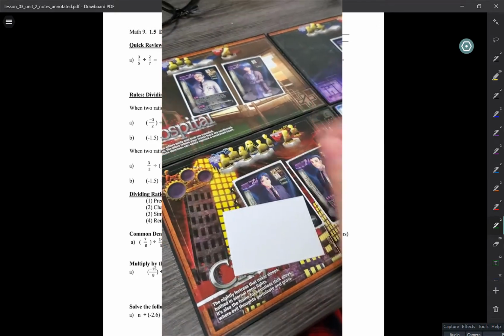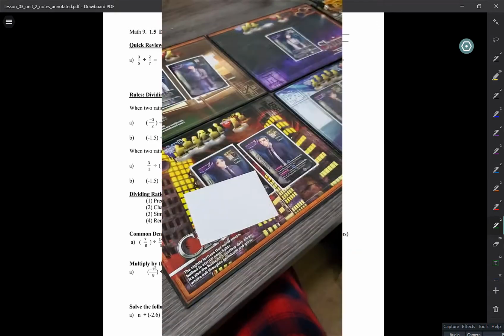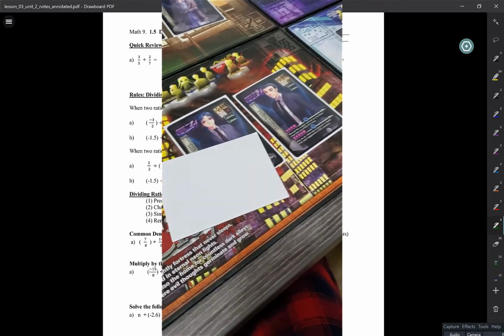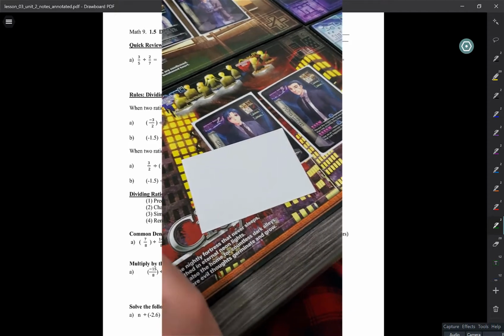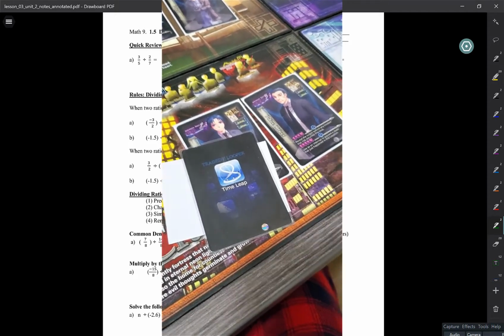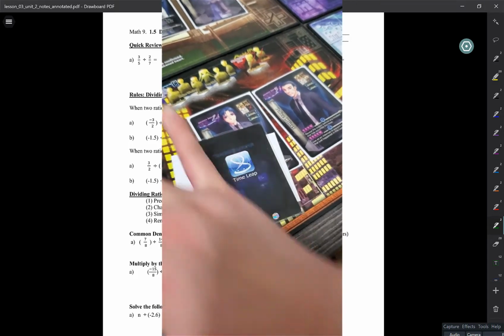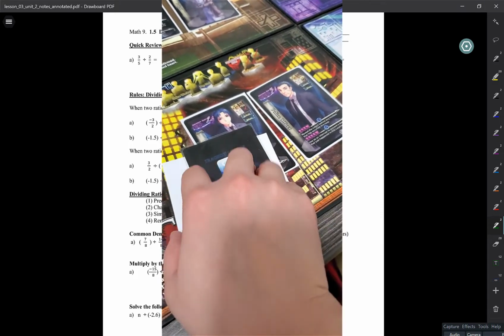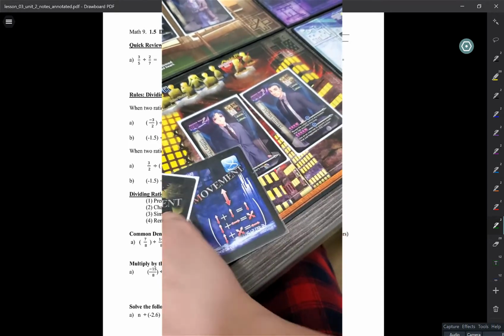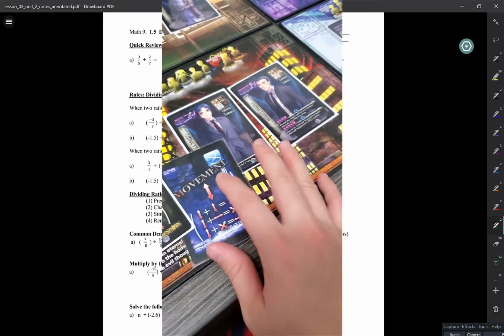The Mastermind plays 3 cards on this entire board. Can be on players or could be on the locations themselves, and then the protagonist does the same thing. So the protagonist could very well put another card on this player. Once all the cards are played, then they reveal and resolve. I guess the Mastermind resolves first.